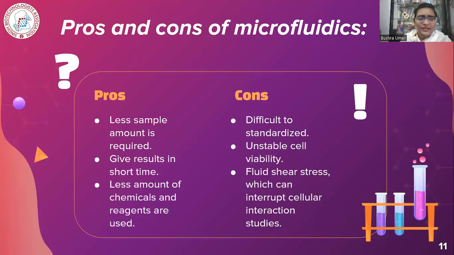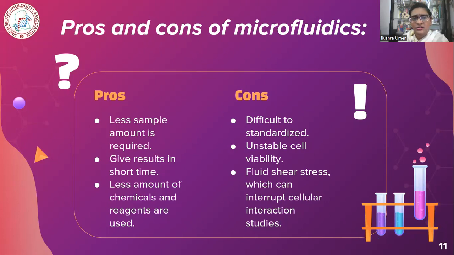Okay, so we have learned the examples of microfluidic technology, but there are certain pros and cons of every technology. So let's see. As we learned, there are numerous advantages of this technology: less time is required and less amount of sample is required.